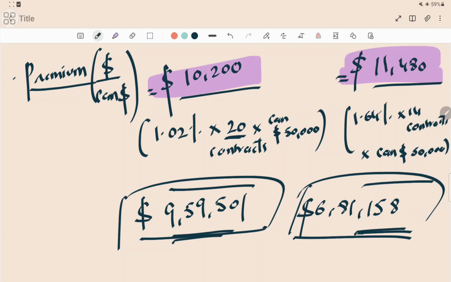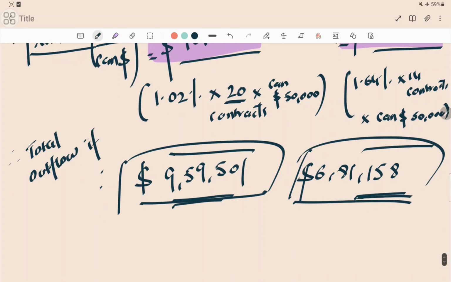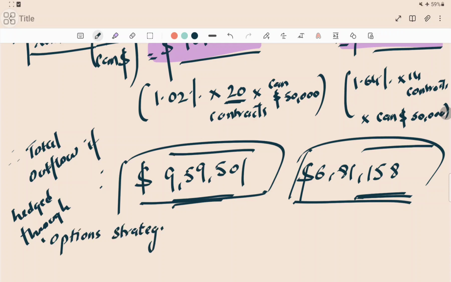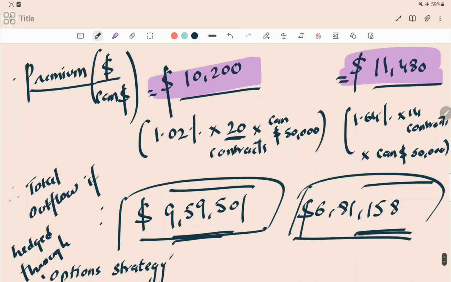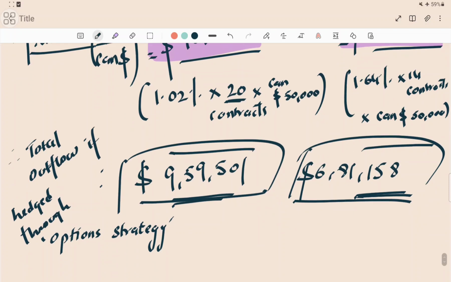So now we have to compare. Let me write this: therefore total outflow if hedged through options strategy, provided by the finance manager. Part will be using the options and part will be using the forward.